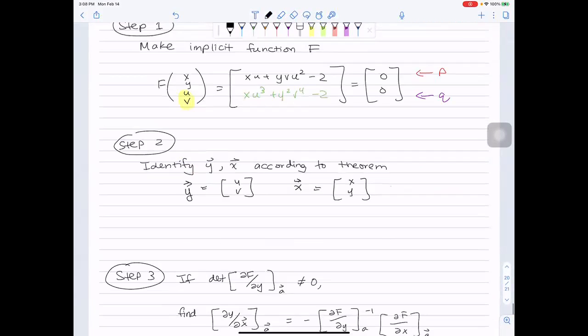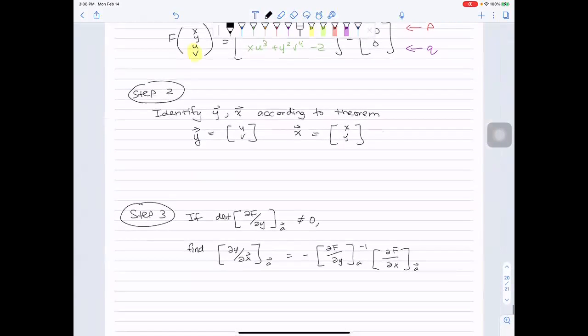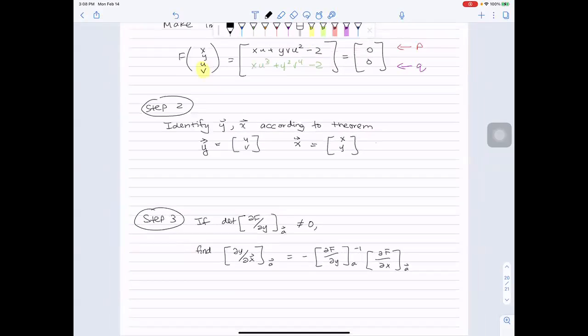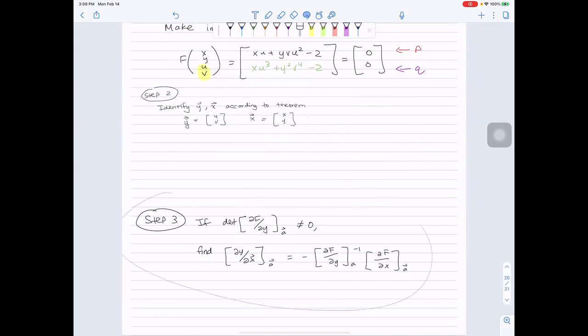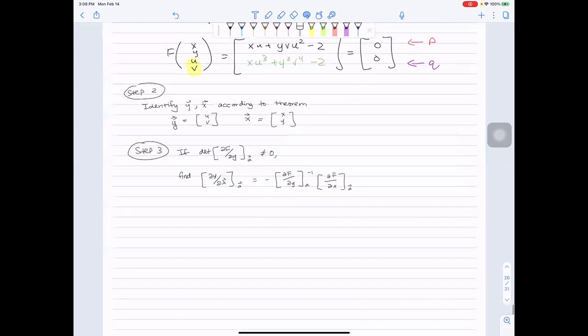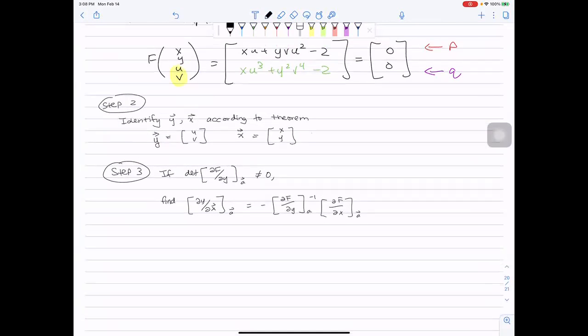Okay, third step: if the determinant is non-zero, we want to use our equation. So let's find our determinant. Let me move this closer here. What is the partial of F with respect to y?